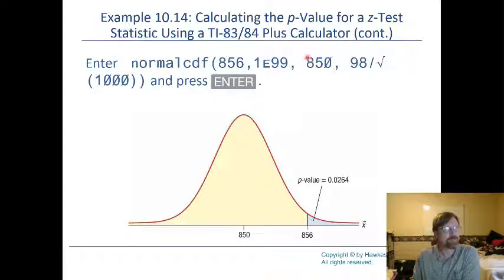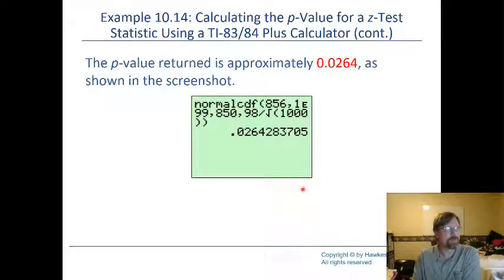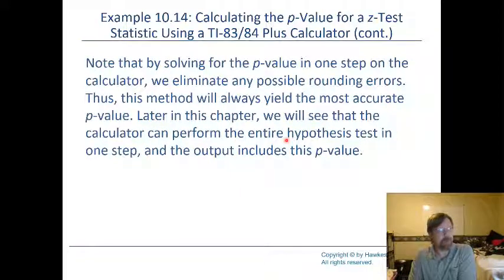The presumed mean, standard deviation, hit enter, and it will spit out our probability. We eliminate rounding errors, so it's slightly more accurate. We can do the entire test in one fell swoop, including calculating the z-score.